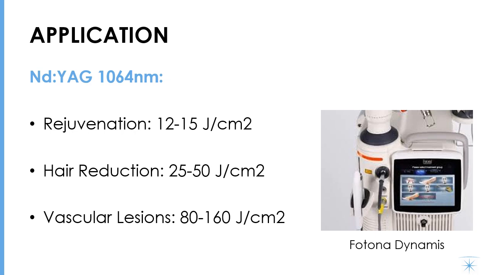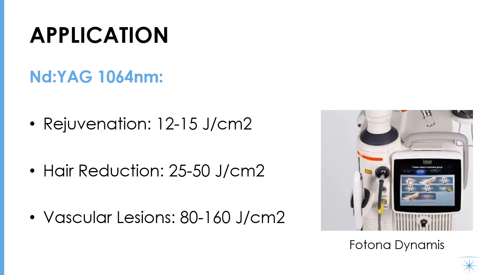For the applications, we can use the Nd:YAG laser 1064 for rejuvenation. In this case, we might be using a fluence ranging between 12 to 15. Remember that this is photobiostimulation. That's why we are using low fluence. We can use it for hair reduction, which is selective photothermolysis, and in this case, it's going to be ranging between 25 to 50 joule per centimeter square.